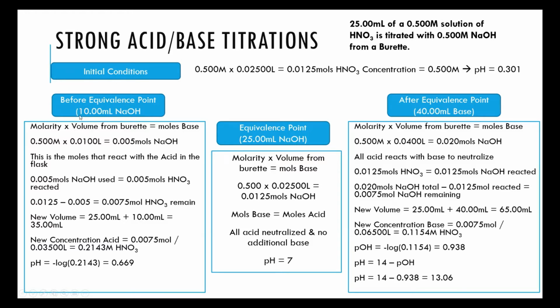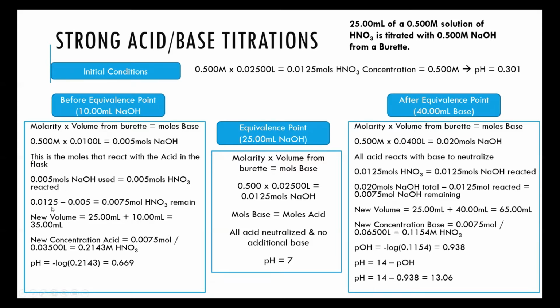In a spot before the equivalence point, let's say at 10 milliliters of sodium hydroxide added, you would solve for how many moles of sodium hydroxide were added: the concentration of the sodium hydroxide times whatever volume was added. All of this sodium hydroxide would be reacting with the nitric acid in a 1-to-1 ratio, still looking at that stoichiometric ratio.